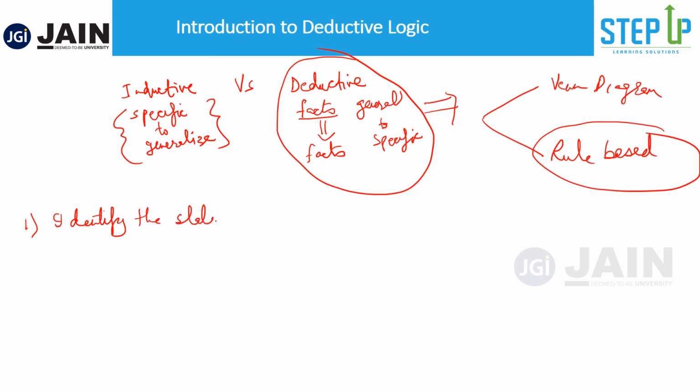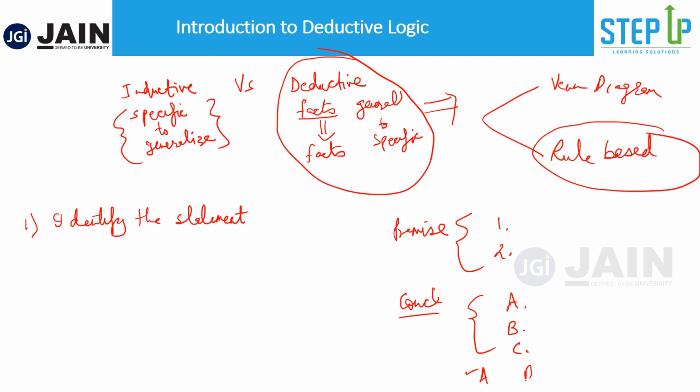Typically, the question will give you a first premise, a second premise, and then ask which conclusions can be drawn: conclusion A, conclusion B, conclusion C. You have to tell whether you can draw conclusion A alone, or B alone, or C alone, or all of A, B and C, and things like that. So identify the statement type.